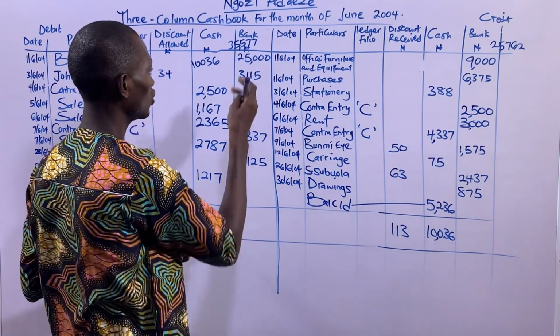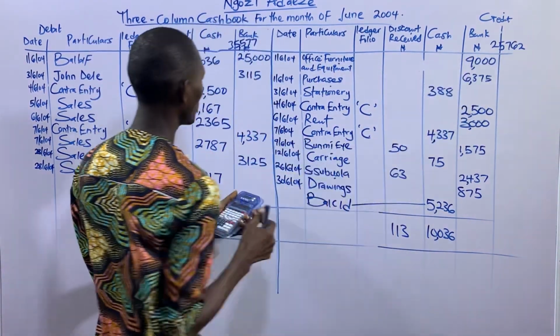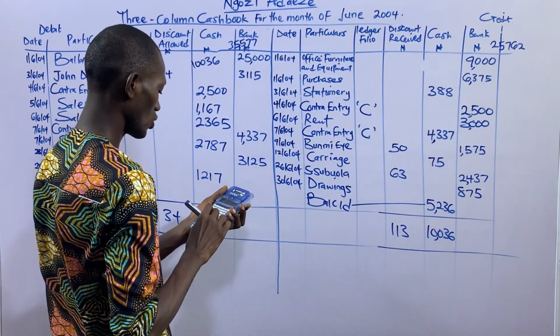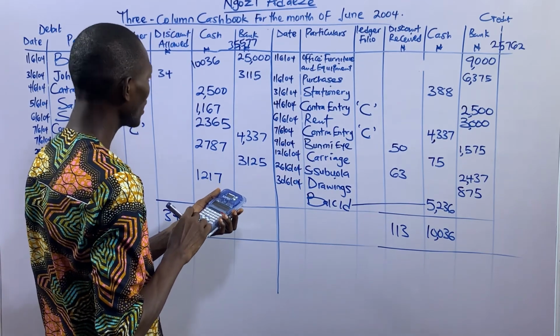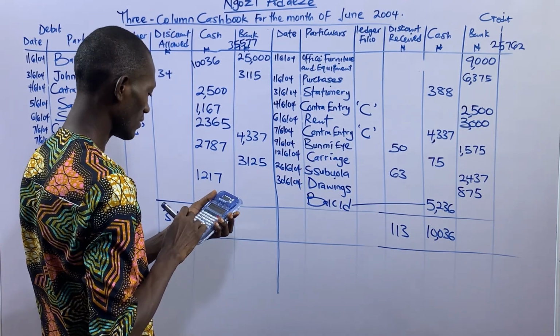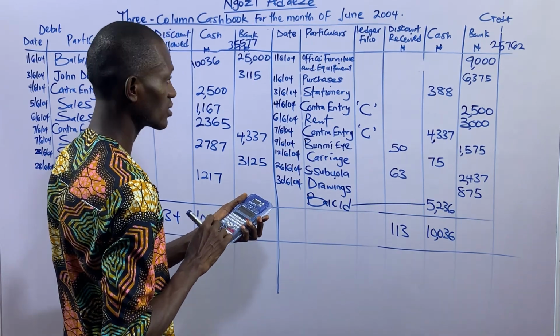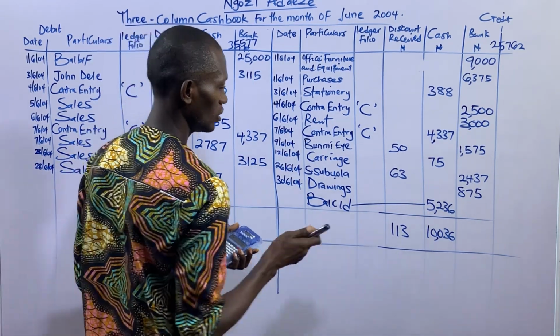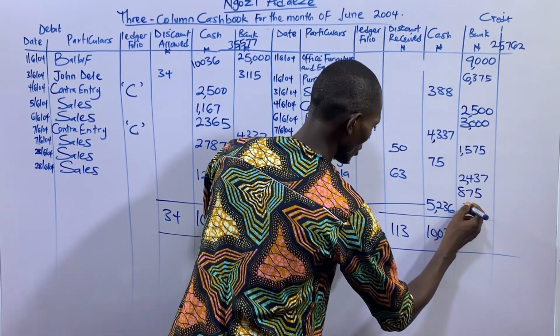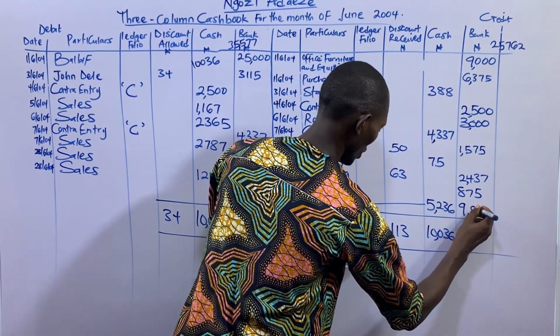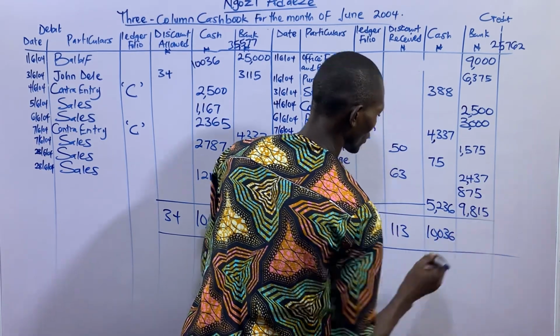So automatically the debit side of the bank column is greater than the credit side of the bank column. So this minus this. So let's do that now. 35,577 minus 25,762. So the balance now is 9,815.